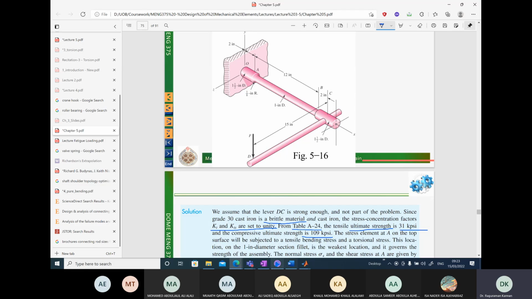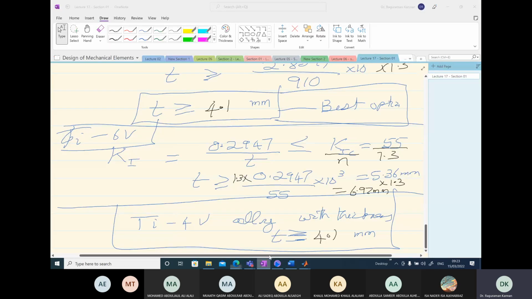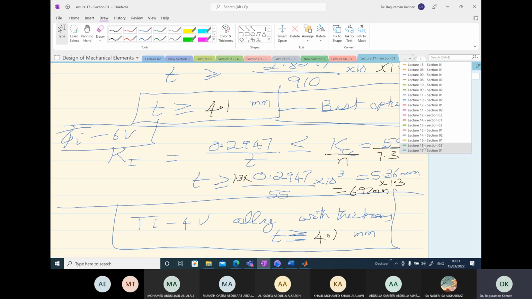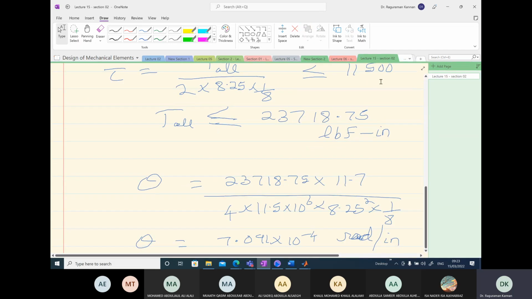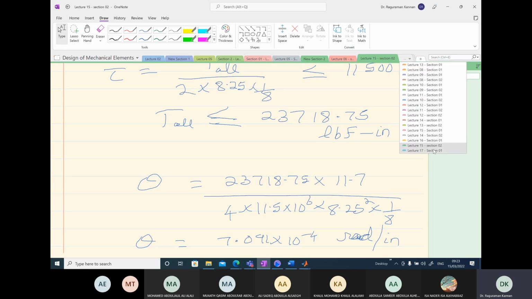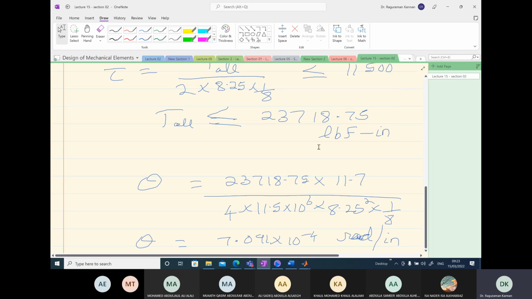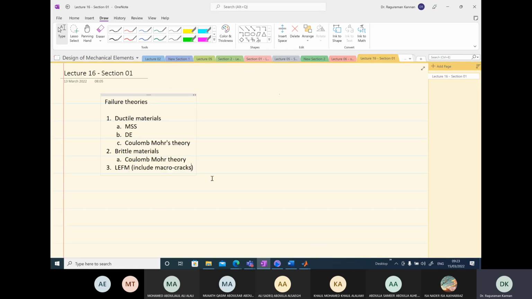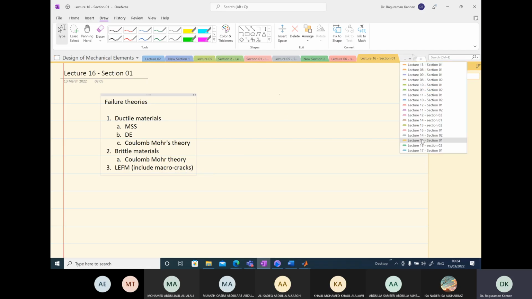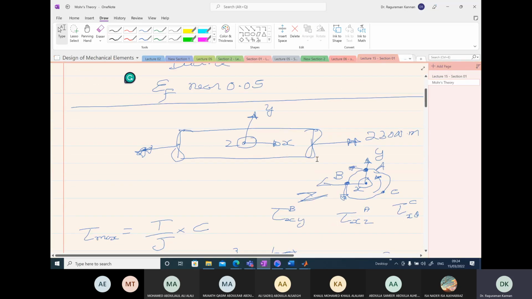But let's see if we have the concentration factors already used in one of the previous problems. It's definitely not this lecture.